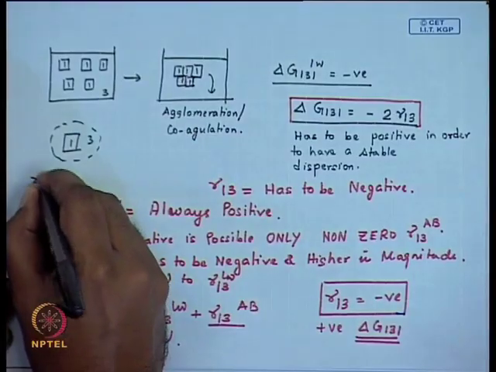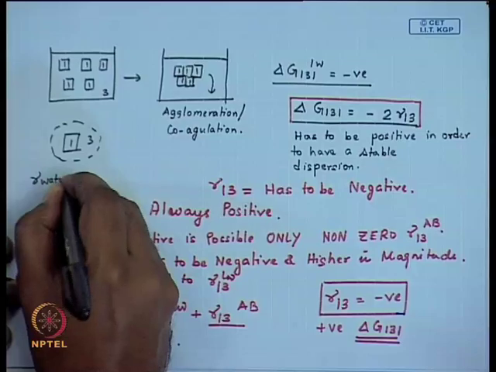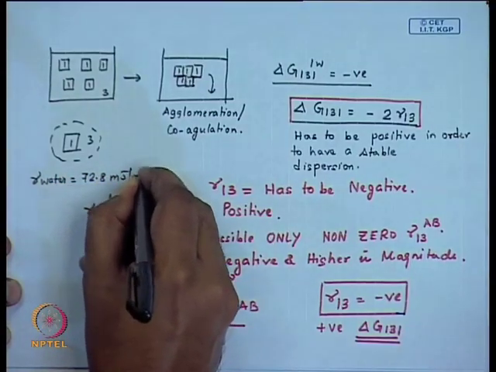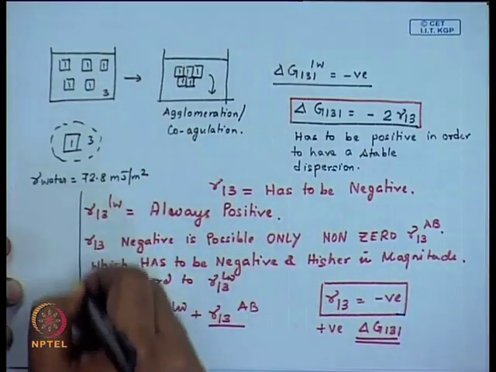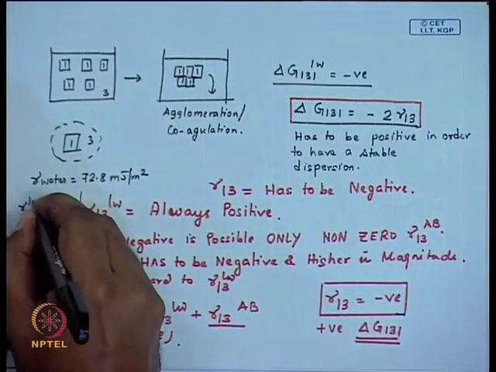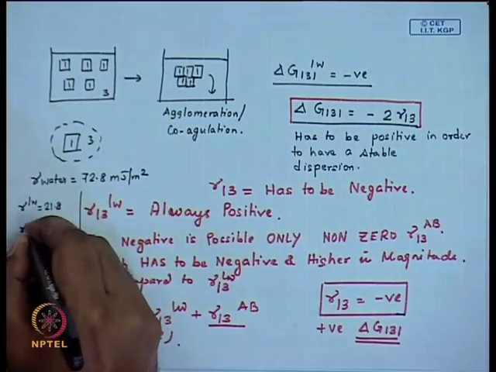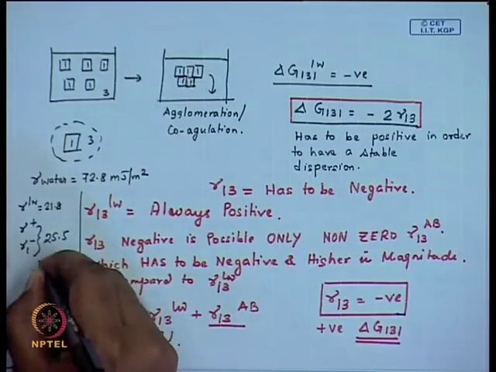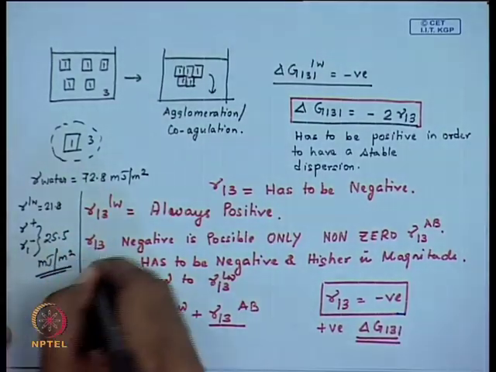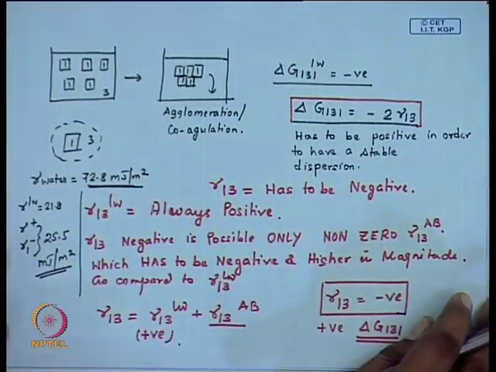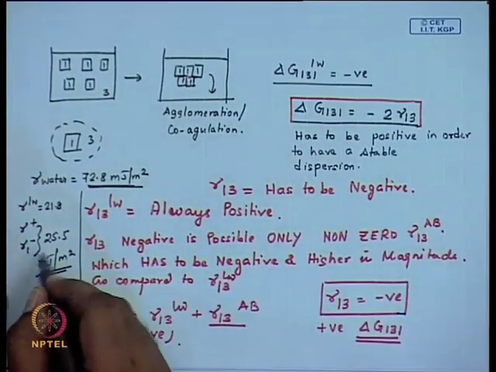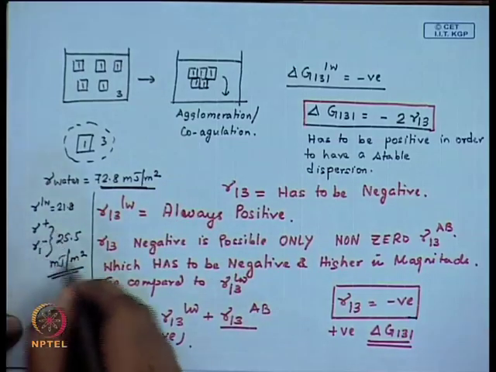Incidentally, you may want to note down that the surface tension of water is 72.8 millijoule per meter square, and its gamma LW is roughly 21.8, its gamma plus and gamma minus are both 25.5 millijoule per meter square. Water's surface tension is pretty high, and that is attributed to the presence of the non-zero polar component of its surface tension.